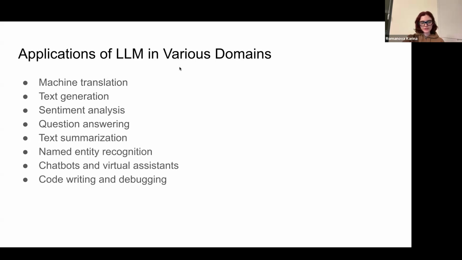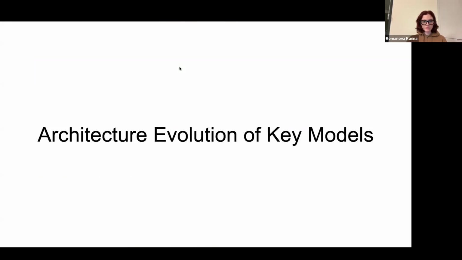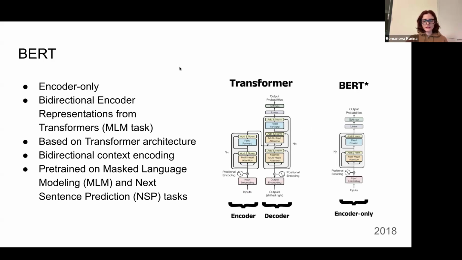It's different from previous architectures, and in these lectures we will understand how and why they can do so many tasks in the same way, at the same moment. And here is a visualization of what large language models can do. But let's introduce two key architectures and dive a little bit into their details.